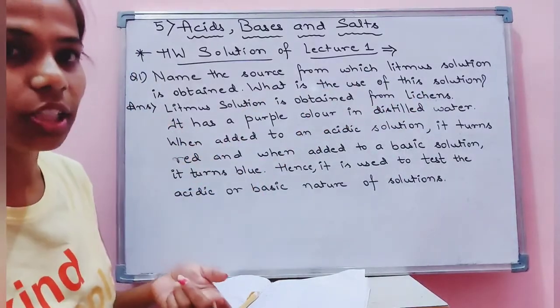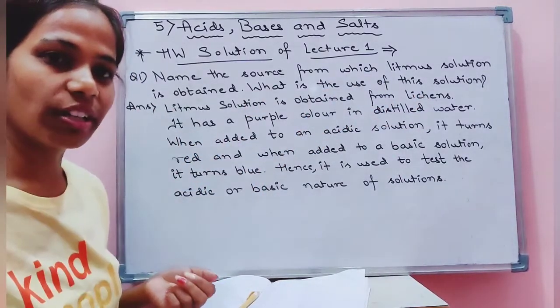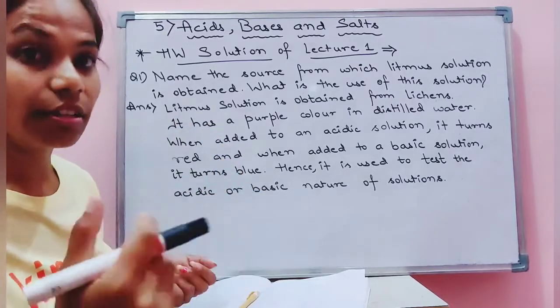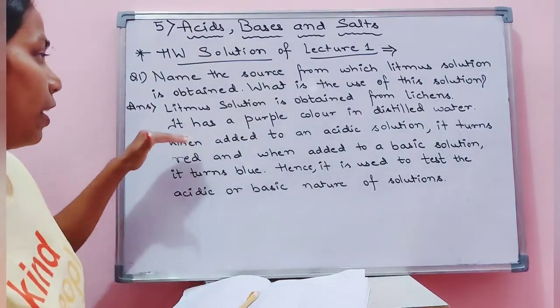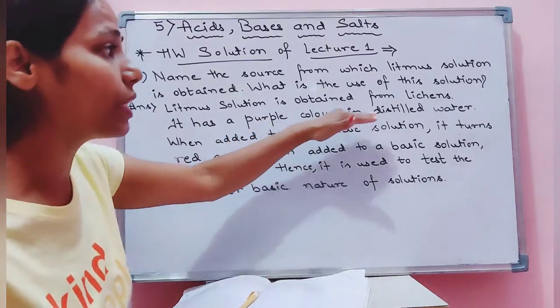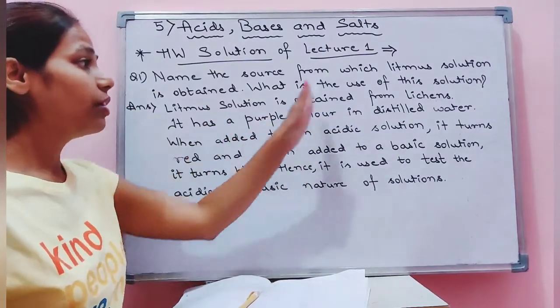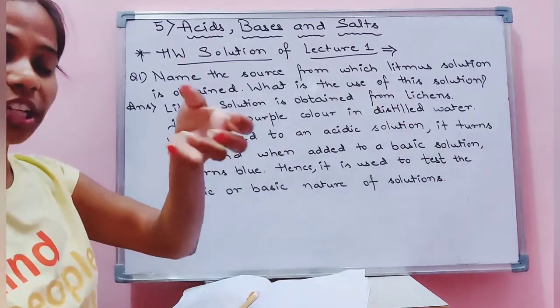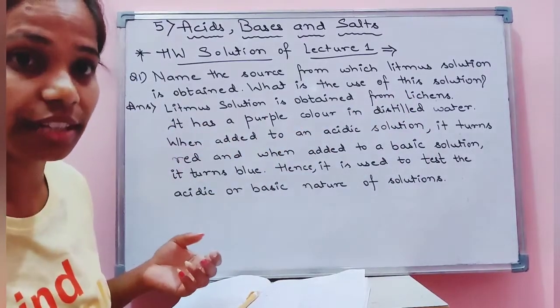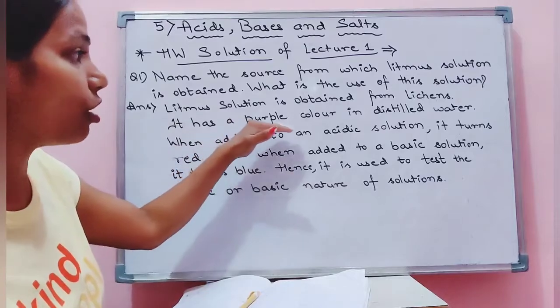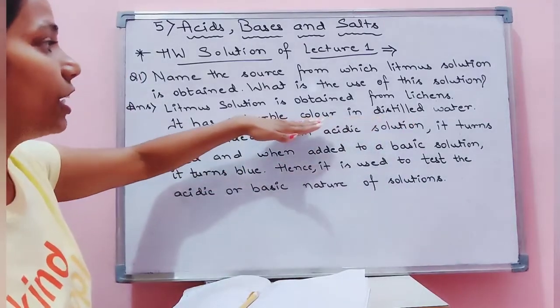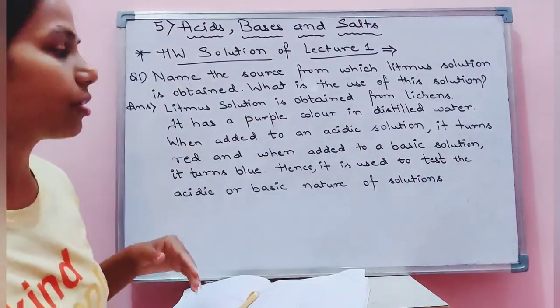Lichen is a symbiotic relationship of 2 organisms, that is algae and fungi. It has a purple color in distilled water. The natural lichen is found in different colors, in different dyes. When you dissolve it in distilled water, it will give you the purple color.